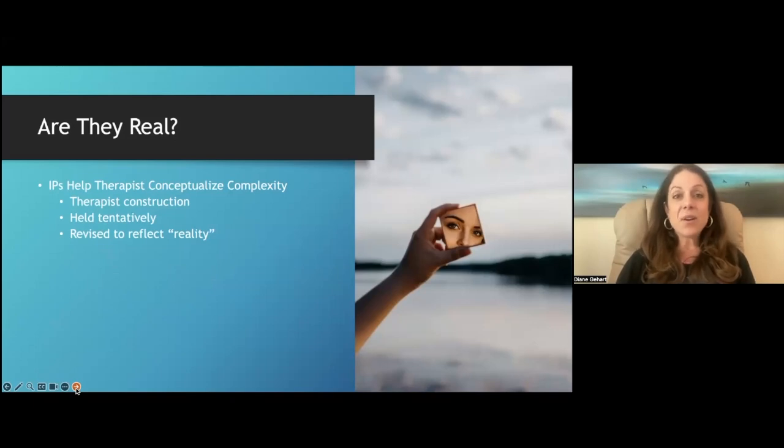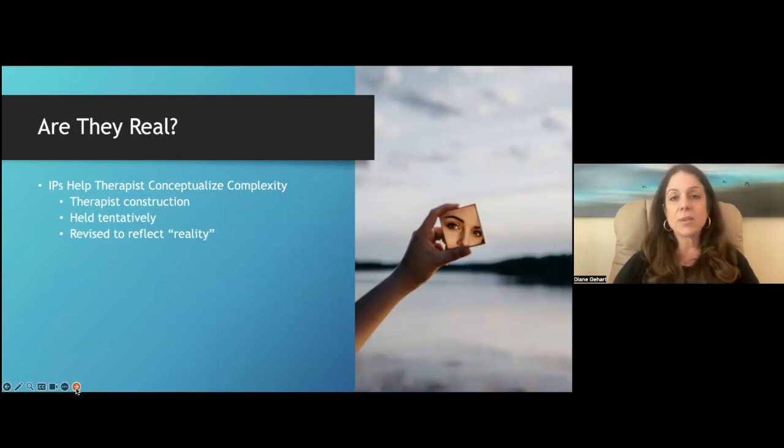So again, are these patterns real? It's better to really think of them as a social construct that we use. They're held very tentatively. We look at these labels, we notice the patterns, but they're very fluid. We can rename them, we can redescribe them at any time.